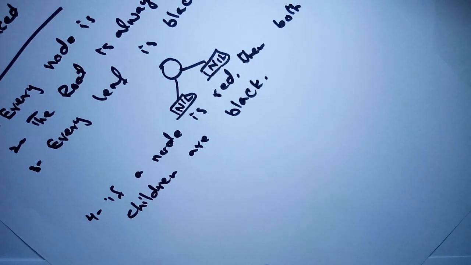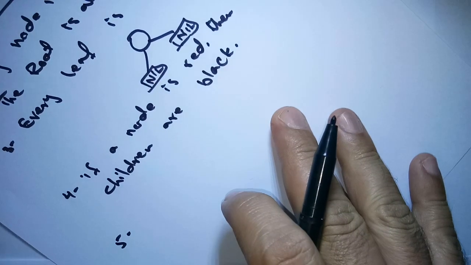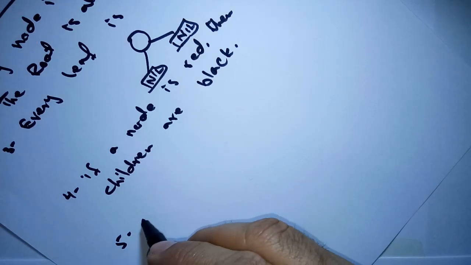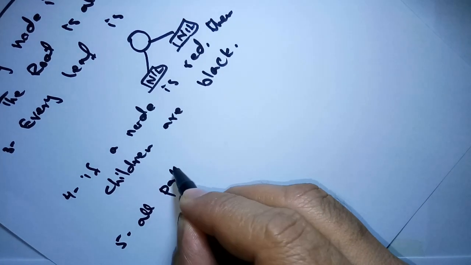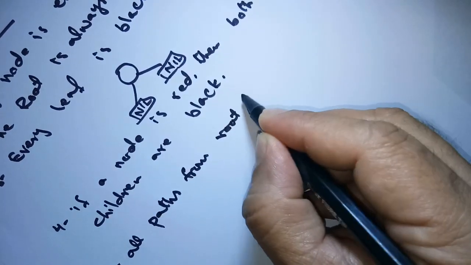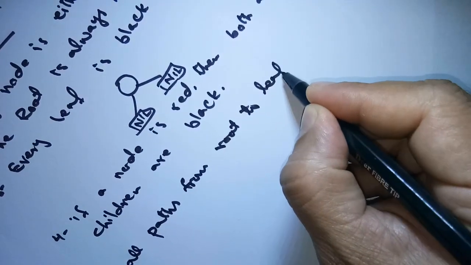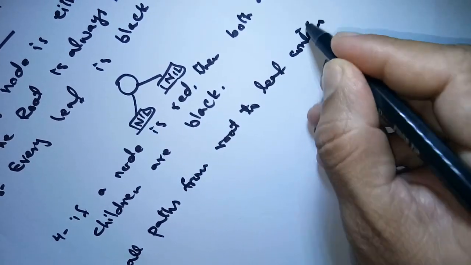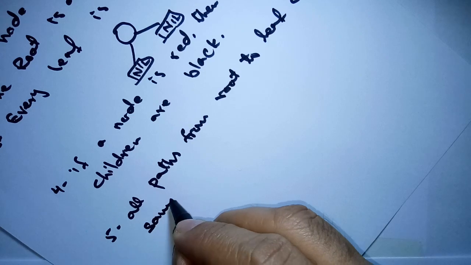And finally, the last property, number 5: for each node, all simple paths from the node to descendant leaves contain the same number of black nodes. So all paths from root to leaves contain the same number of black nodes.